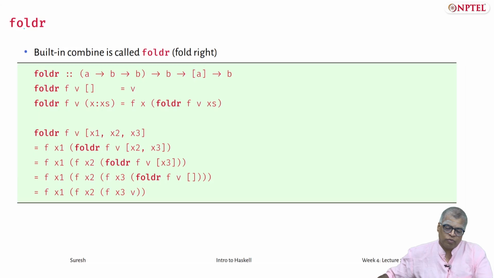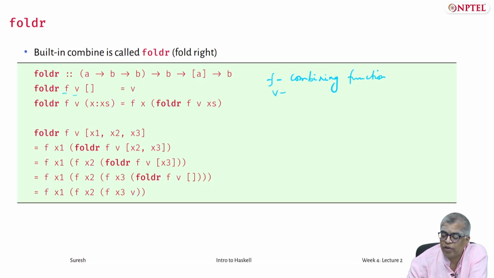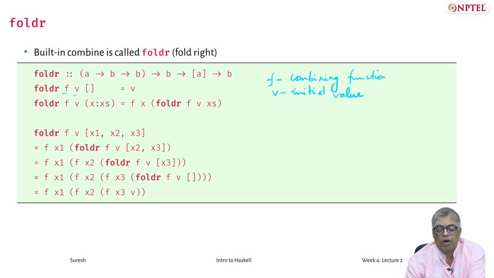Recall that foldr is a way of combining the elements of a list. In Haskell, foldr means fold from the right, and the definition was as follows: foldr takes two arguments, a function f and a value v. The function f is the combining function, v is the initial value, and you want to combine the elements of the list using the function f with v as the initial value.